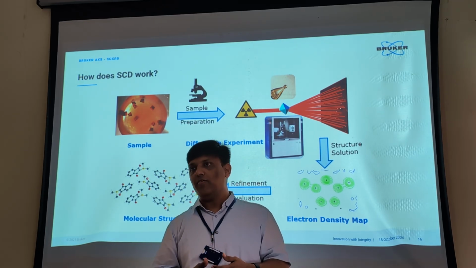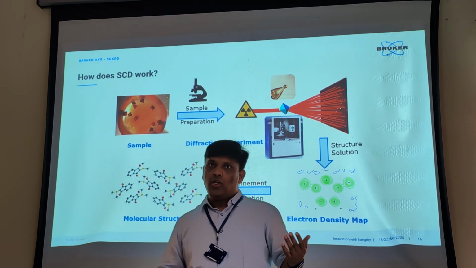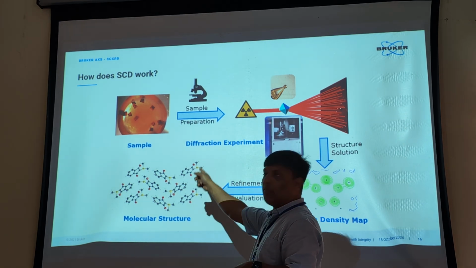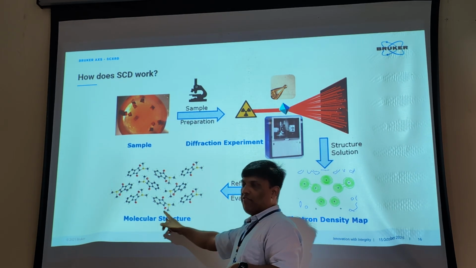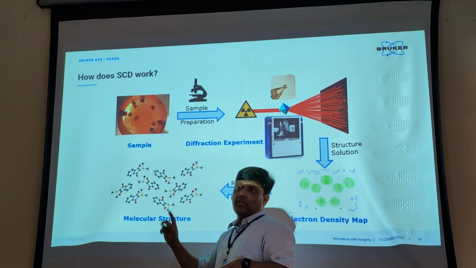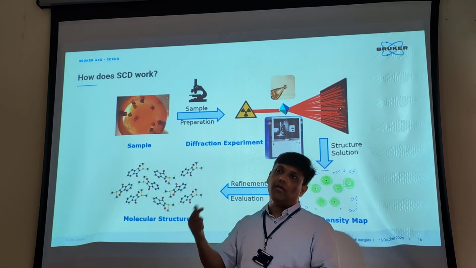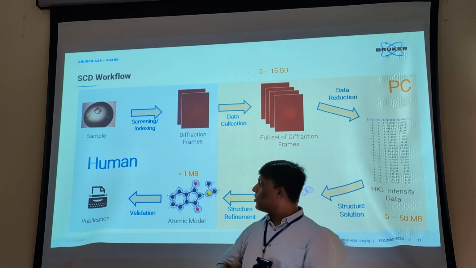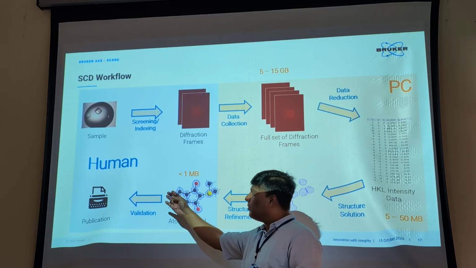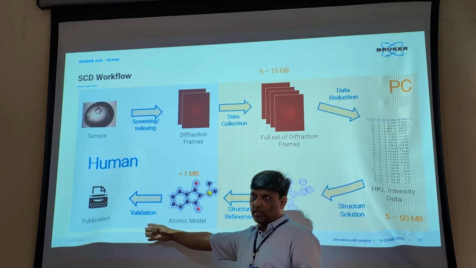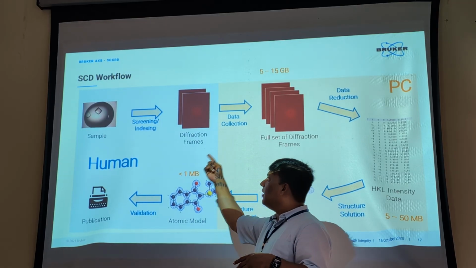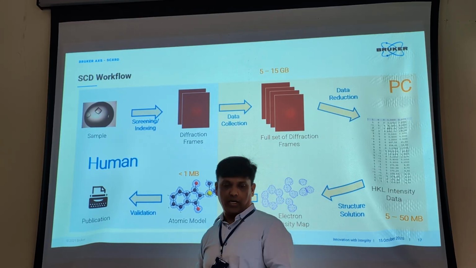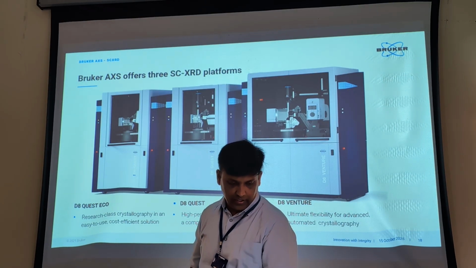You need to make an evaluation and finalize the structure. So your involvement is mostly in sample preparation and then refinement. The rest is almost just pressing buttons. So your involvement is required in the evaluation or refinement of your data, and in sample preparation. Sample preparation is the crucial part of single crystal diffraction.